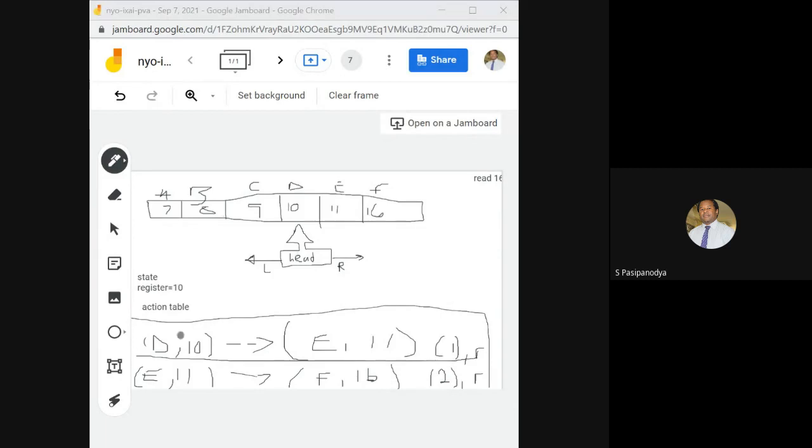So the action table simply logs what the head has done. The head has moved here in its first cycle, and then it has moved there in its second cycle. So imagine if this tape was found in a banking institution, and the person deposited $1 into the account, so now you have $11 as your balance.